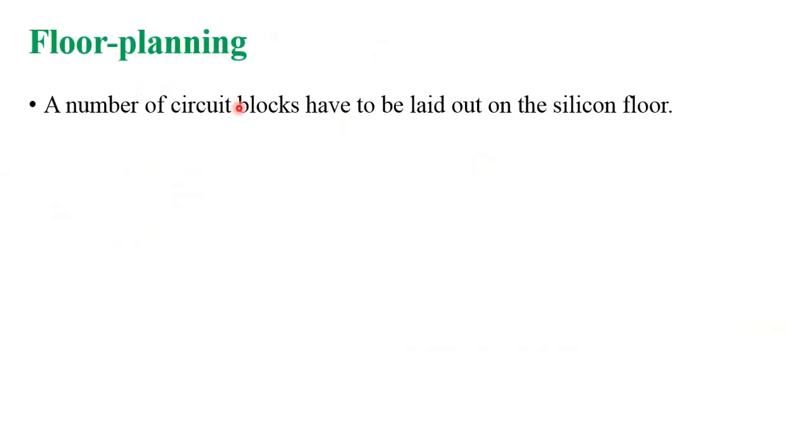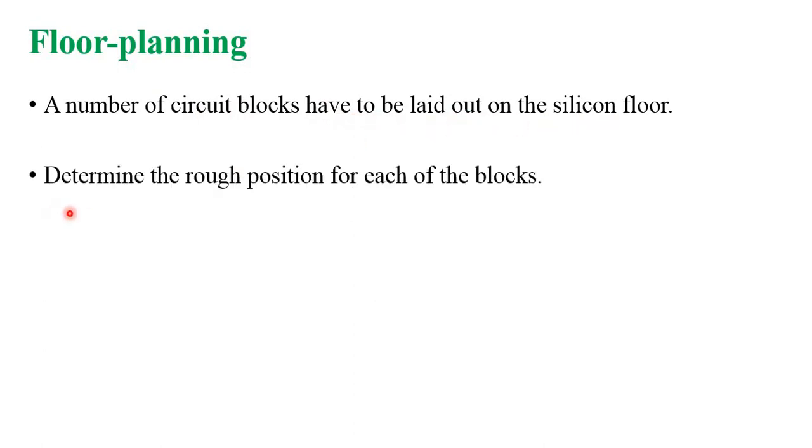That is called floor planning. The number of circuit blocks has to be laid out on the silicon floor. And next, determine the position of each block, where we can fix our blocks on the silicon floor.